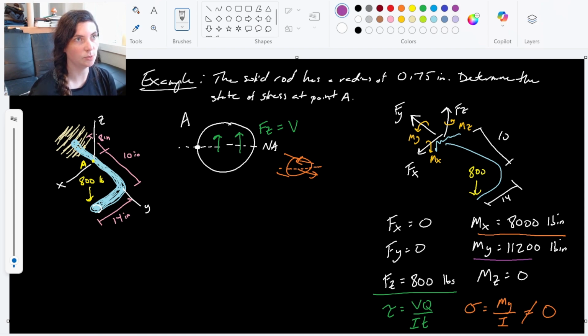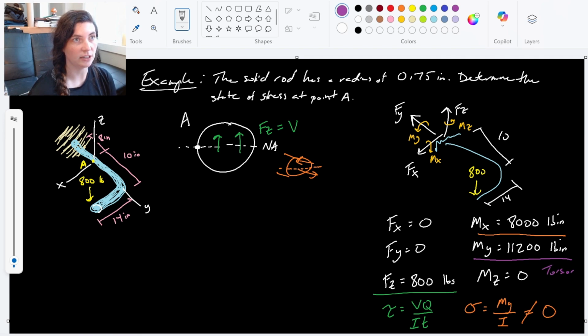And then for this last one, My, you'll recall at the very beginning of this video, we talked about how, when we're looking at these sections, to know where there's torsion. You know there's torsion if your moment is going around your longitudinal axis. And so My is going around our longitudinal axis.